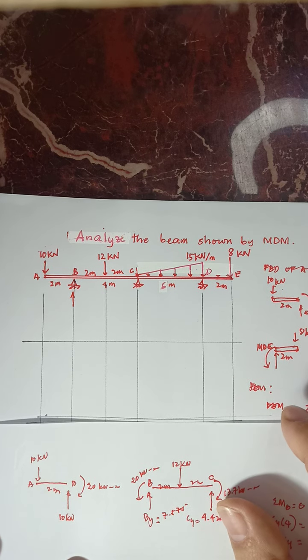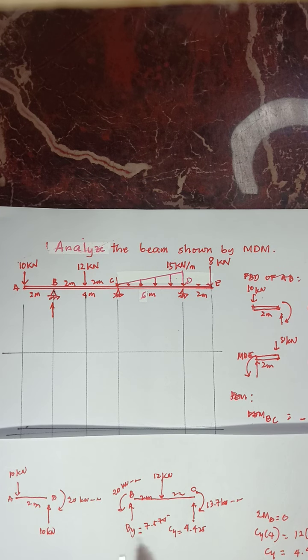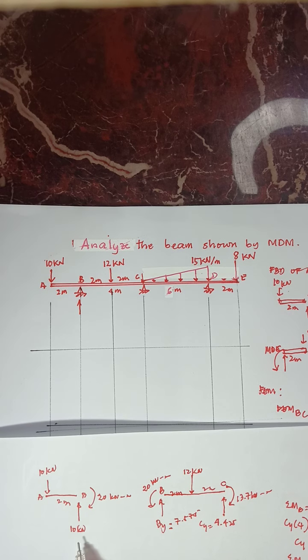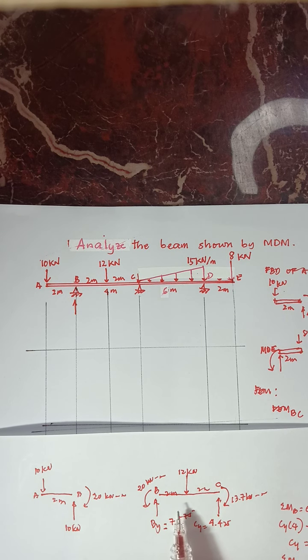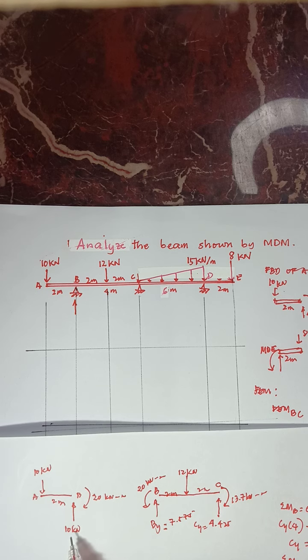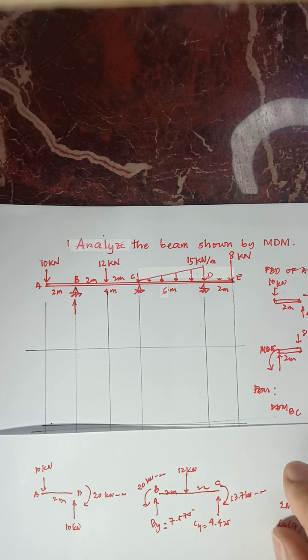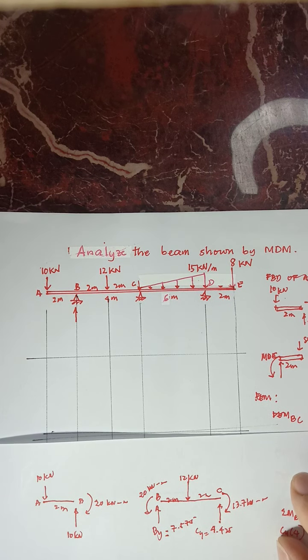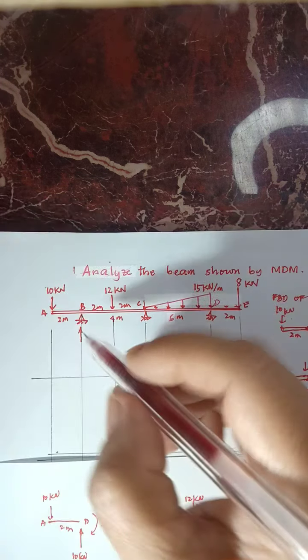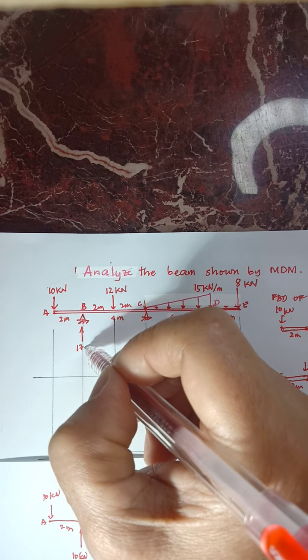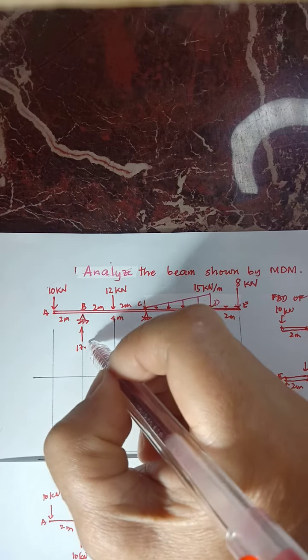Since they have the same direction upward, you add them. So 10 plus 7.575, the final reaction at joint B is 17.575.